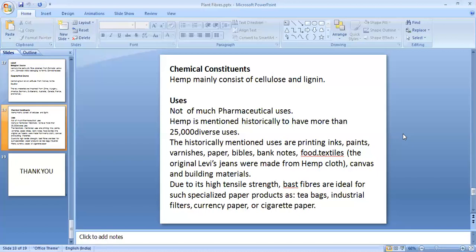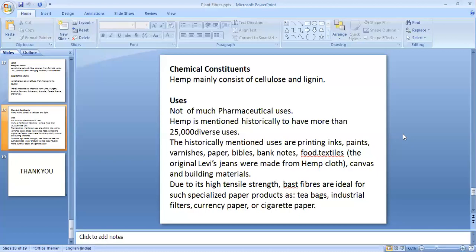And these plant fibers are usually used in the manufacturing of surgical dressings. Already you might have studied surgical dressings in your lower semesters. Surgical dressings are nothing but the fibers as single or mixed fibers, or the woven material, used to provide mechanical support to the affected part or to prevent wounds from infections.